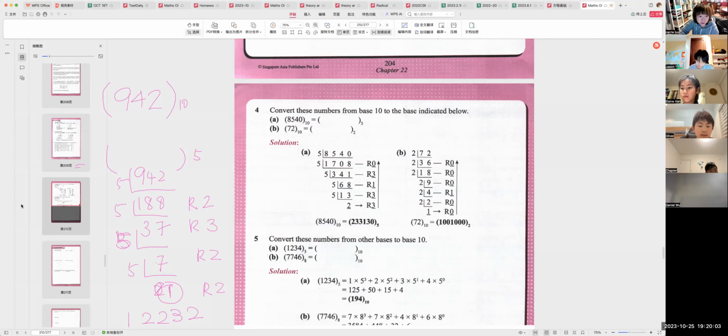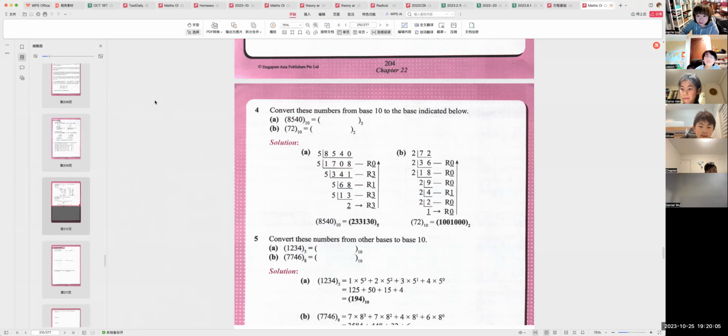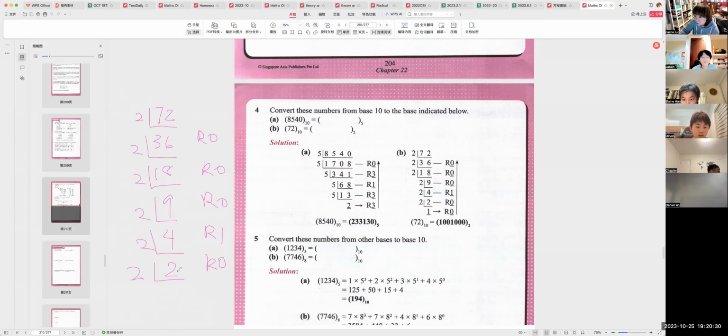How to transfer the number 72 in base 10 into a base 2 number. So again, going from base 10 to base 2, you just divide by 2. So 36, remainder 0, 2, 18, and remainder 0, and 2, 9, remainder 0, and 2, 4, and remainder 1, and 2, 2, and remainder 0, and 2, don't forget, Oliver, okay?